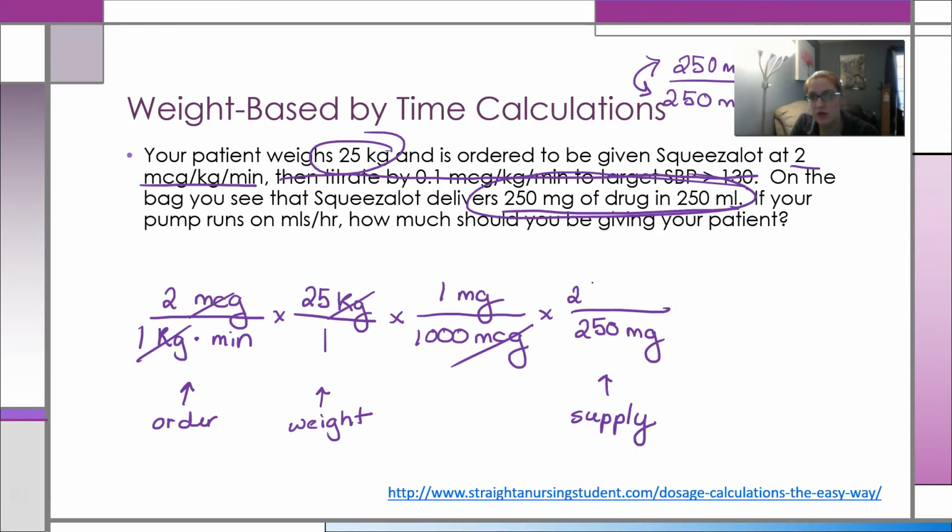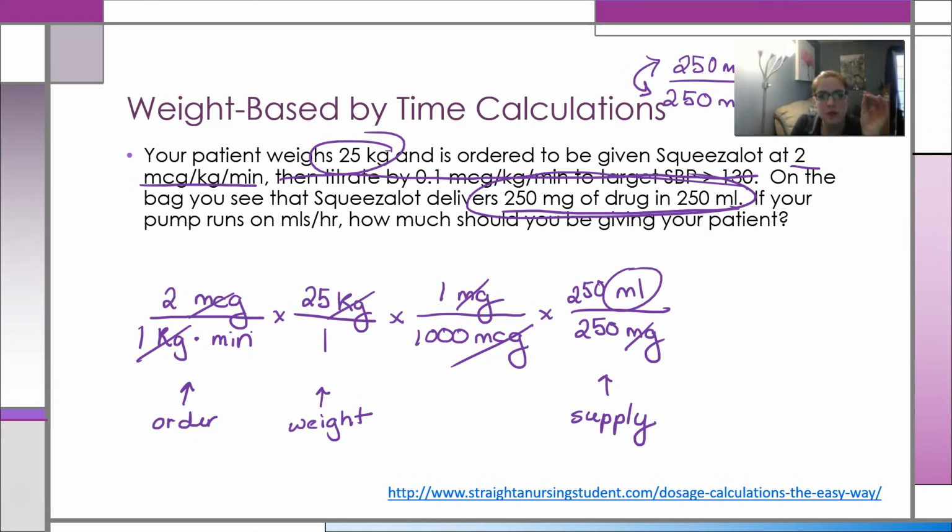And we'll put 250 milliliters on top. Now, what are the units we're left with? I always like to do this after I enter my supply to make sure that I'm on the right track. I've got everything I need in there and double check if I'm missing anything. Milliliters is on top, right?